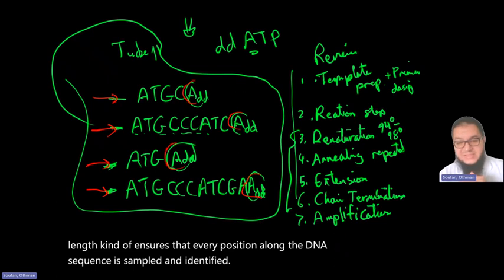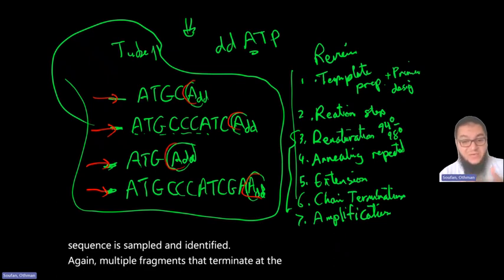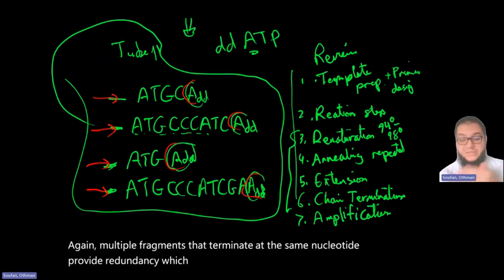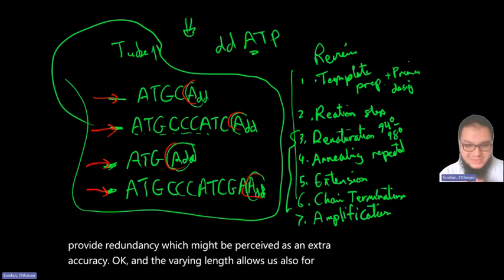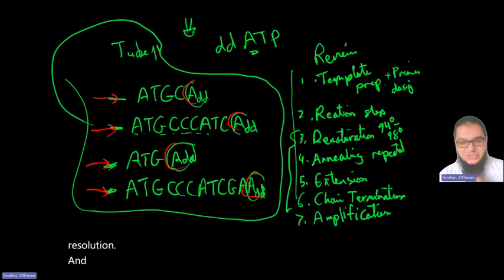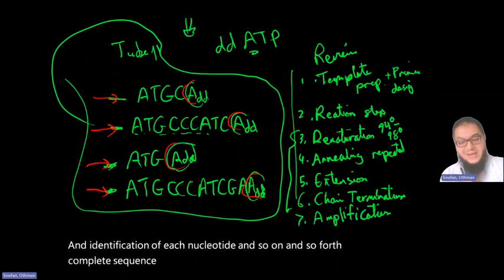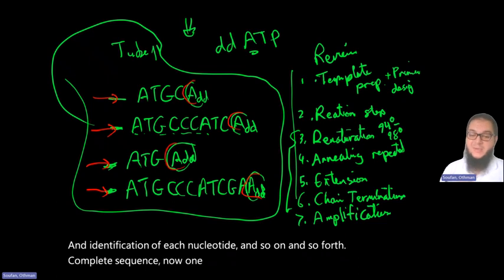Again, multiple fragments that terminate at the same nucleotide provide redundancy, which might be perceived as extra accuracy, okay? And the varying length allows us also high resolution and identification of each nucleotide, and so on and so forth. Complete sequence.